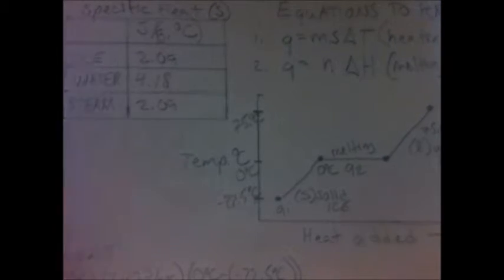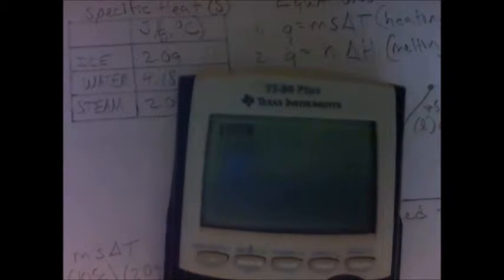We're going to multiply these together, and when we do, 105 times 2.09 times 0 minus negative 22.5, we get 4937.625.